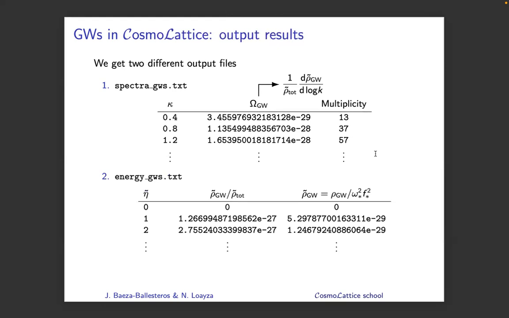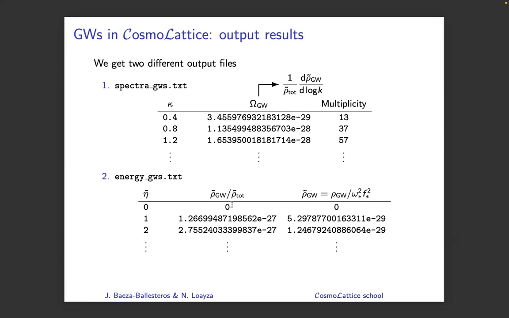And you have another file called energy GWS, which takes the integral for each time that the power spectrum is computed. It integrates over all available momenta, and it writes down 2 different values.